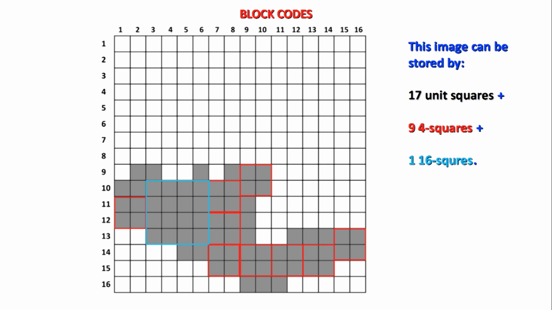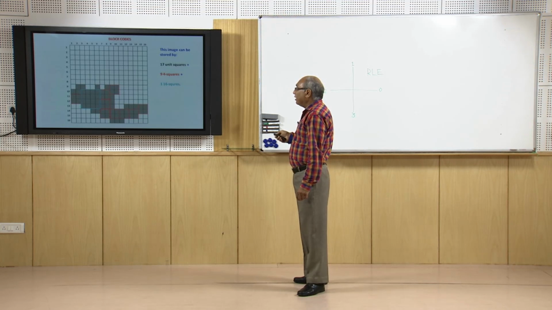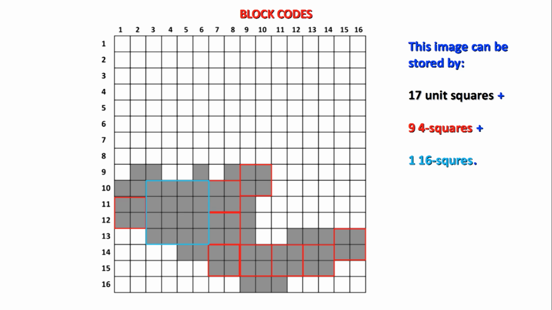If I have to store that particular binary image of 16 by 16 pixels, then in this particular example only 3 things have to be stored: one square of 16 pixels, then 9 squares of 4 pixels, and 17 squares of unit level, that means 1 pixel each.